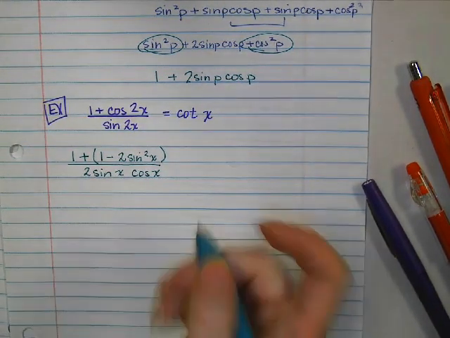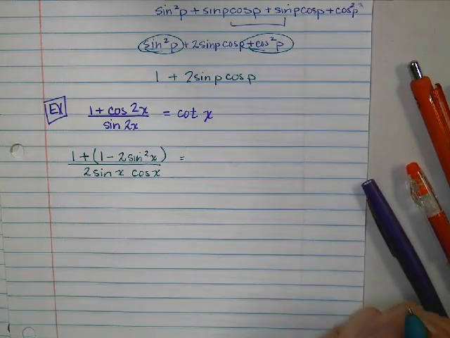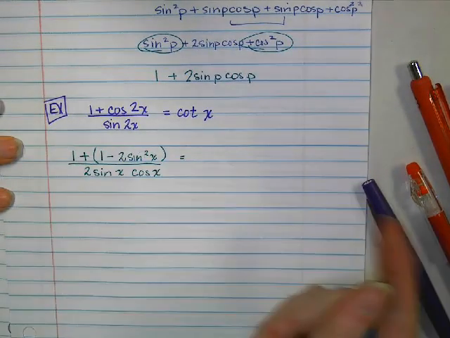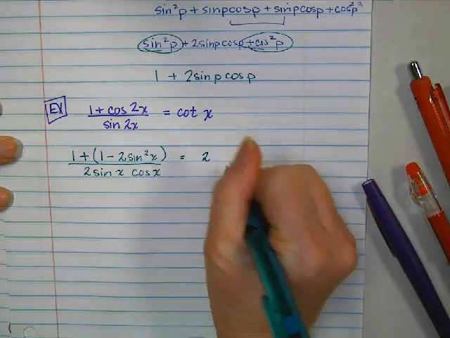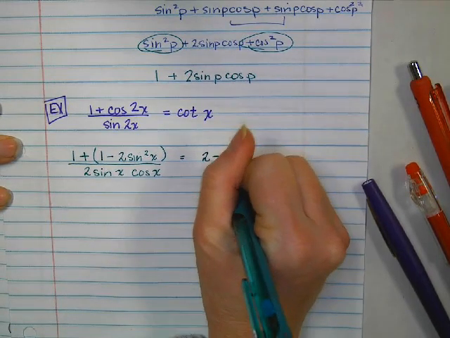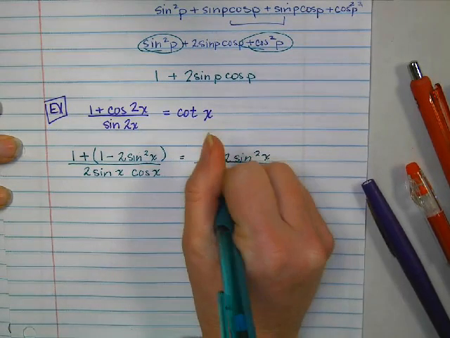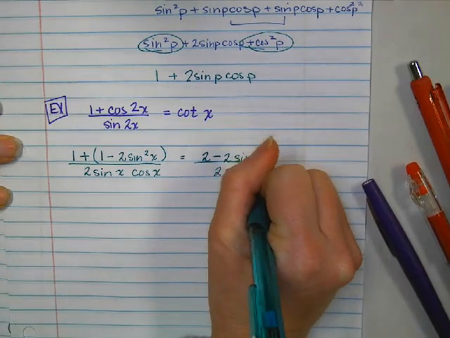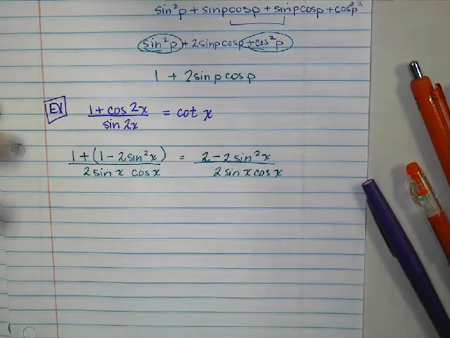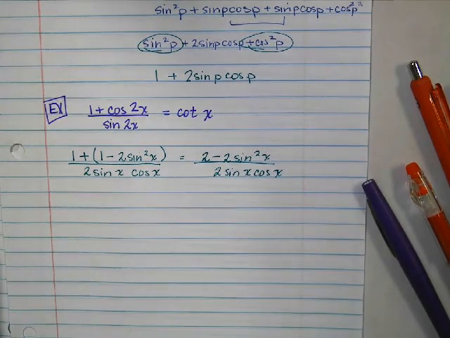Oh, this is actually easy. Okay, so 1 plus 1, that's 2, minus 2 sine squared x over 2 sine x cosine x. All right, now looking at the top. I know throwing the word sine in there confuses people.